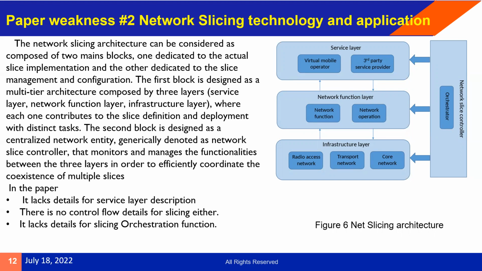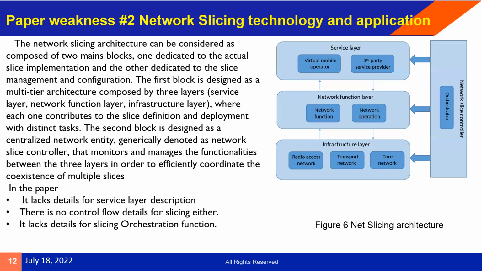The first block is designed as a multi-tier architecture composed of 3 layers: service layer, network layer, and infrastructure layer, where each one contributes to the slice definition and deployment with distinct tasks.